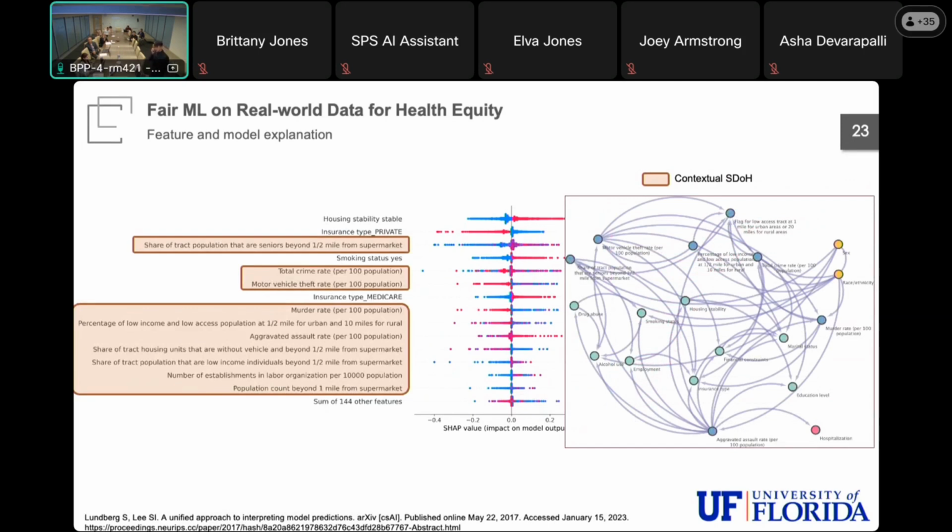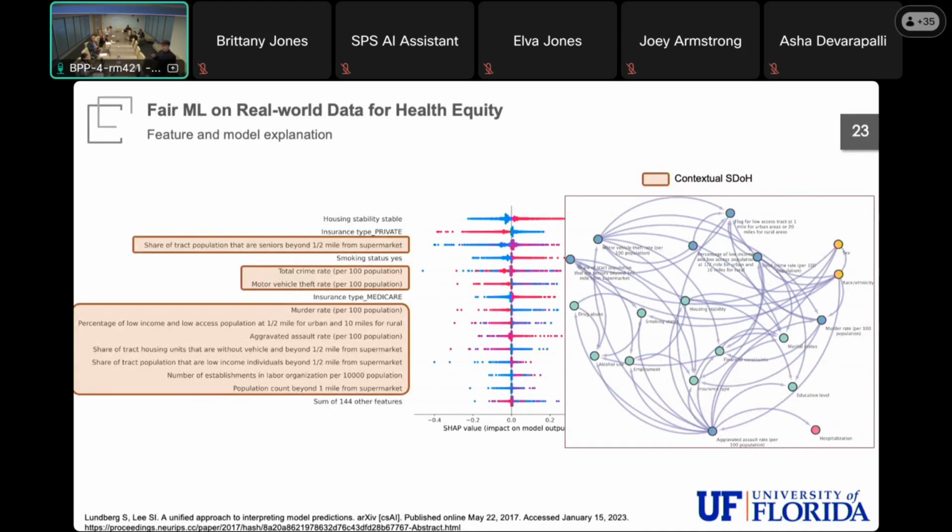We then use causal structure learning to analyze these top important features. We can see that the aggregate assault rate in the community that the patient lives in is causally related to the hospitalization outcomes. And more importantly, this feature also points to housing stability in the middle of this figure.